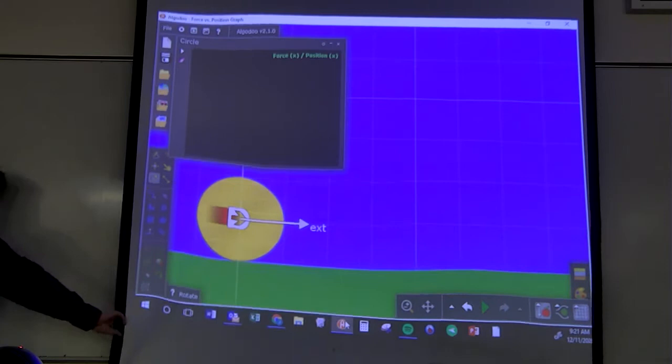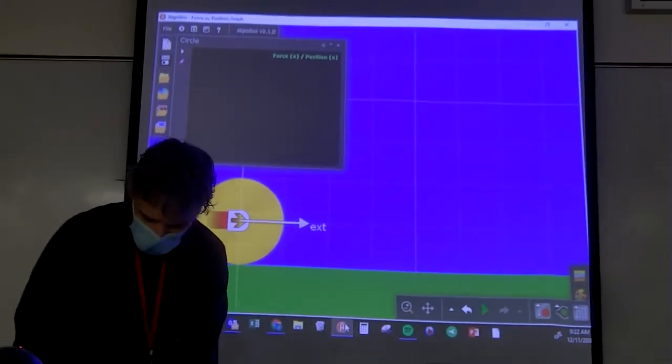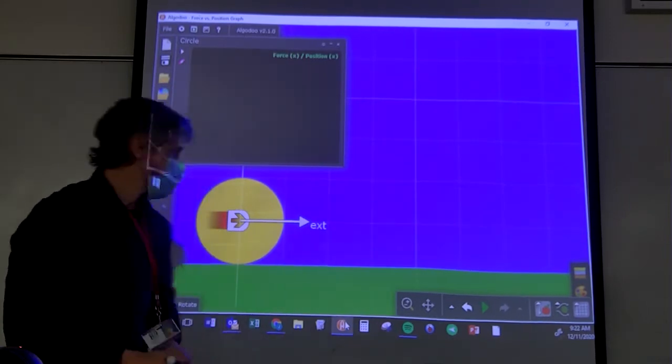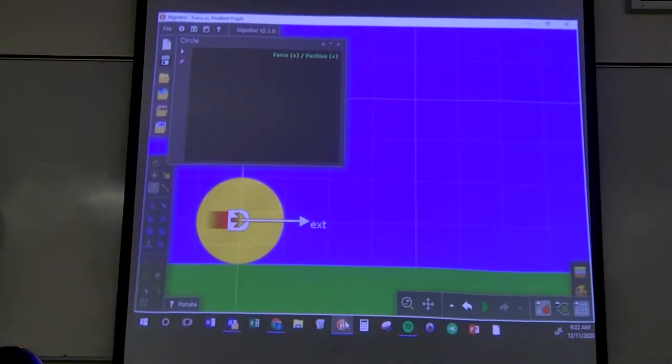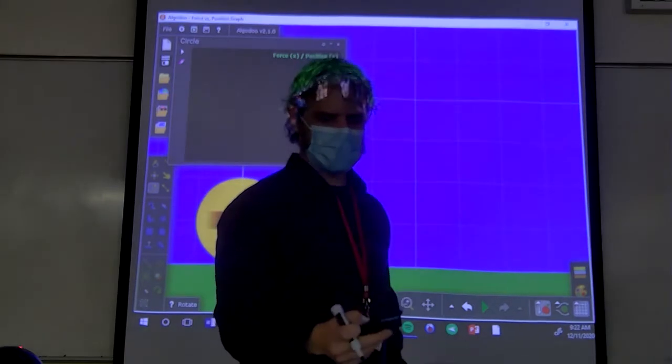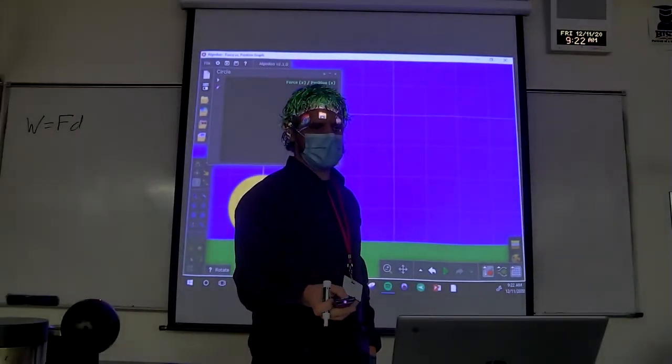Right? We know that the equation for work, on our formula sheets, says that the work done on an object is equal to the force on that object times the object's resulting displacement times the cosine of the angle between those two guys.